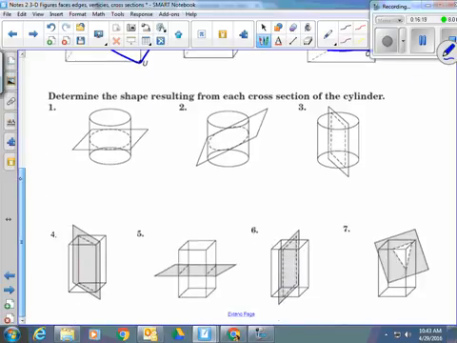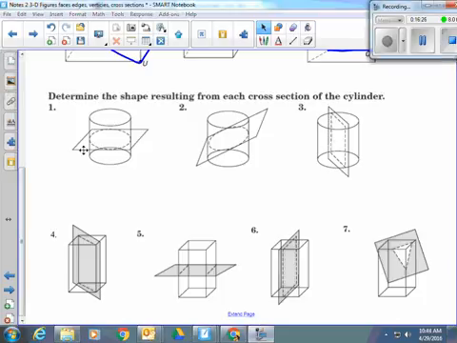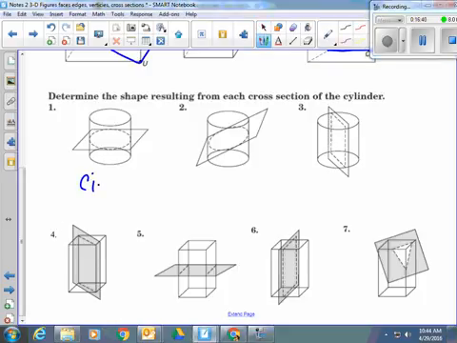So on your paper, I want you to look at 1, 2, 3, and then 4 through 7, and I want you to name what would be the cross section. Okay, somebody tell me, number 1, what did you put? Circle. Number 2? Oval. Very good. Be very careful when you have that slant, it's going to make that oval.